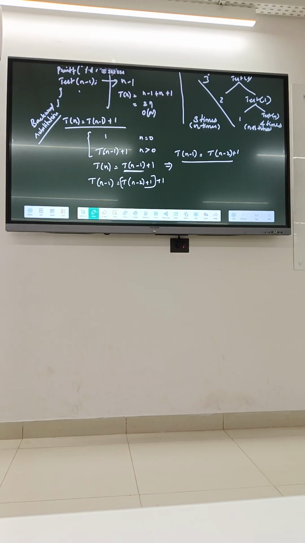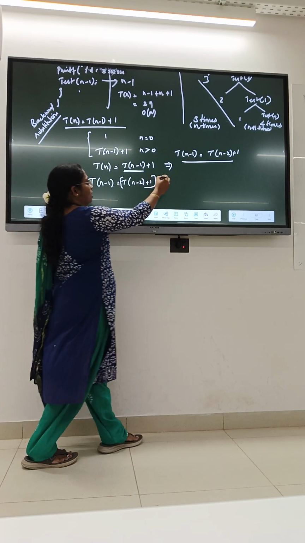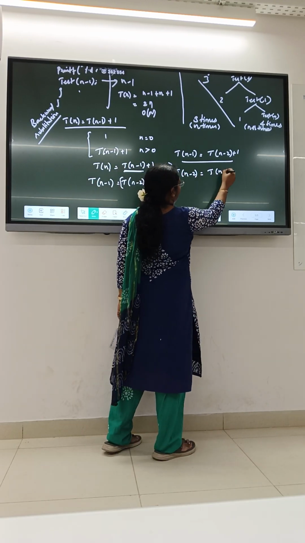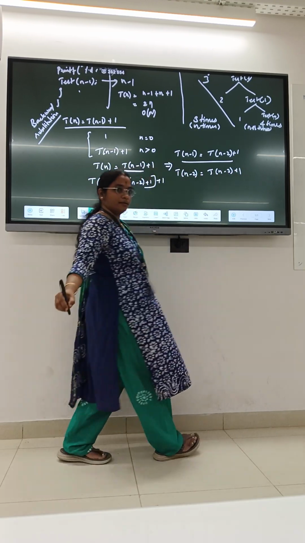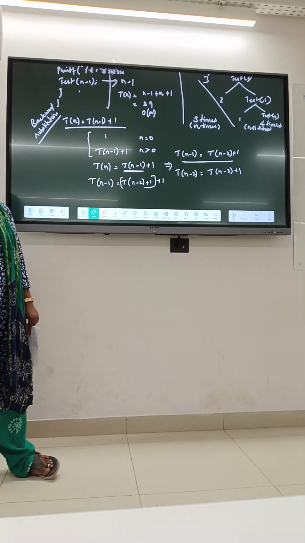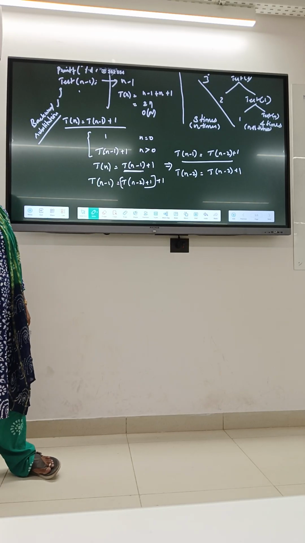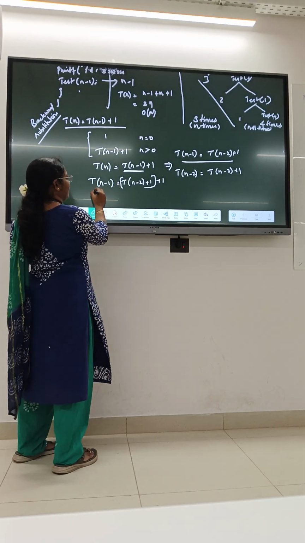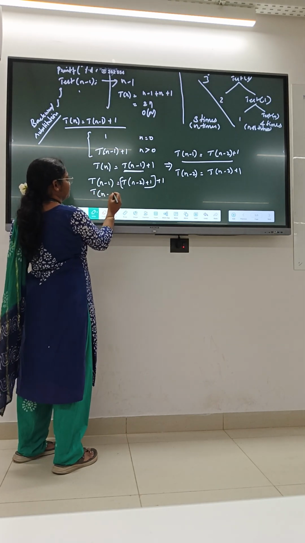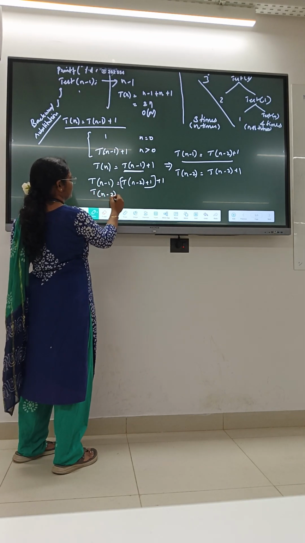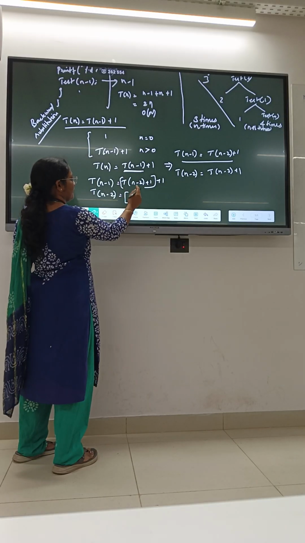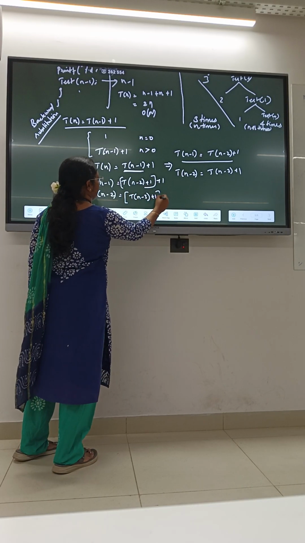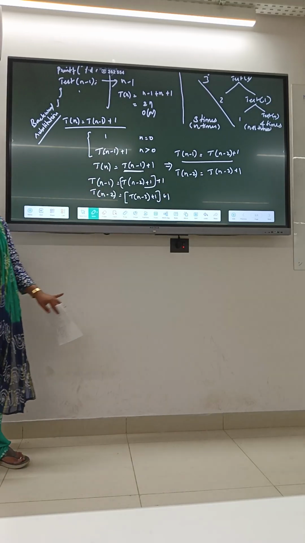So now, like this, what is T of n minus 2? T of n minus 3 plus 1, is that fine? Can I write like this? Clear? Okay. So if I substitute this for T of n minus 2, what will it be? Instead of this, T of n minus 3 plus 1 plus 1. It goes on.